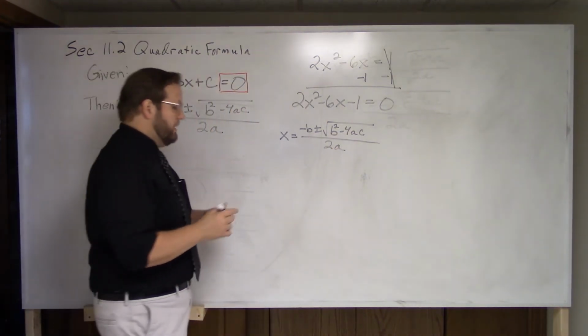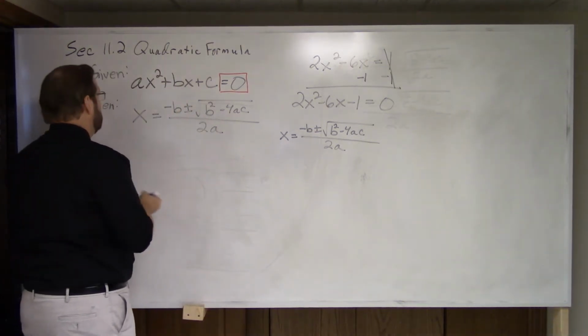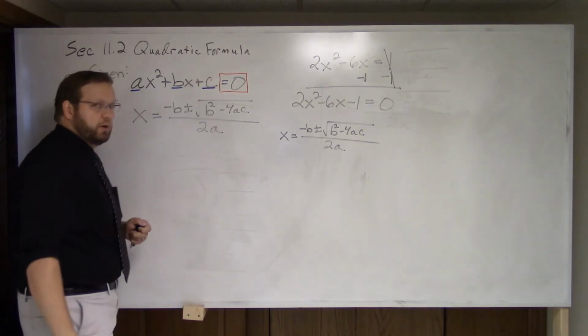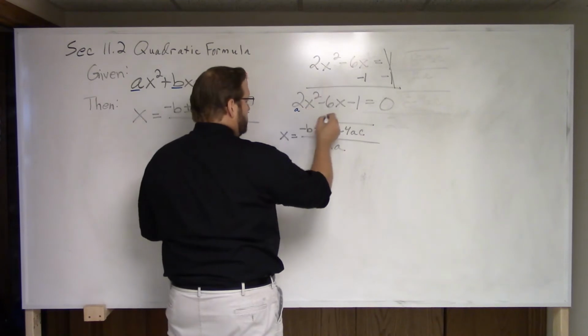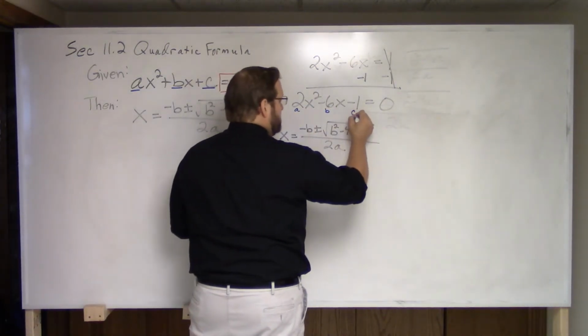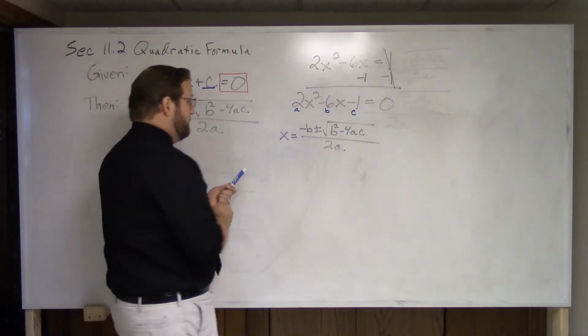Okay? Now, the a, the b, and the c are simply the coefficients within that quadratic equation. So, your a is 2, your b is -6, be careful with the negative, and your c is -1. And all that means is you are plugging it in.